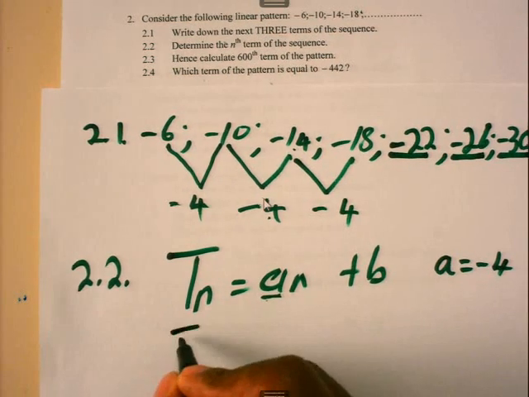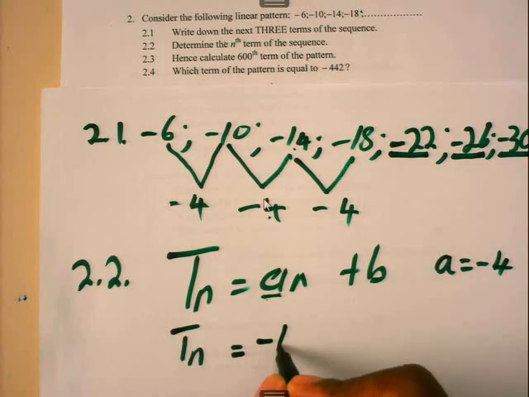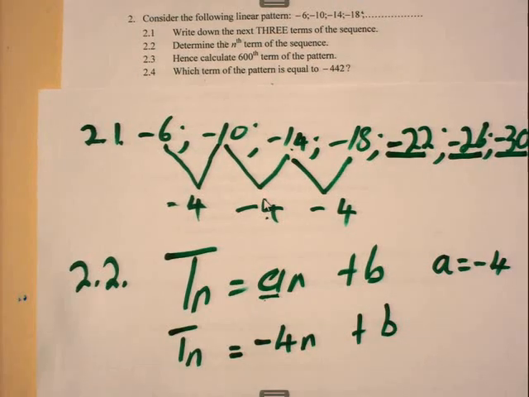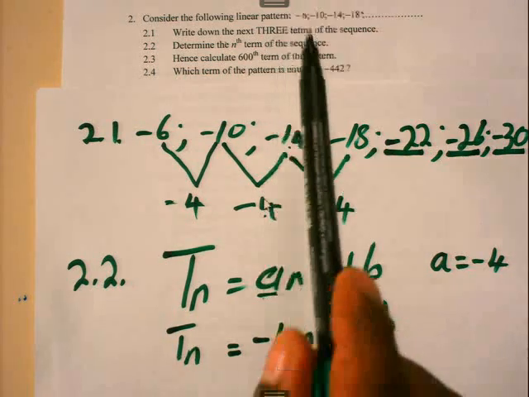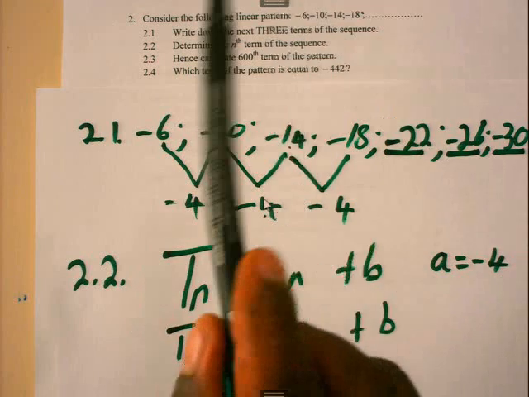Therefore, the nth term will be equal to -4n + b. So the question is now, how do we determine the value of b? Check the first term of the sequence that is given: -6 is our first term.